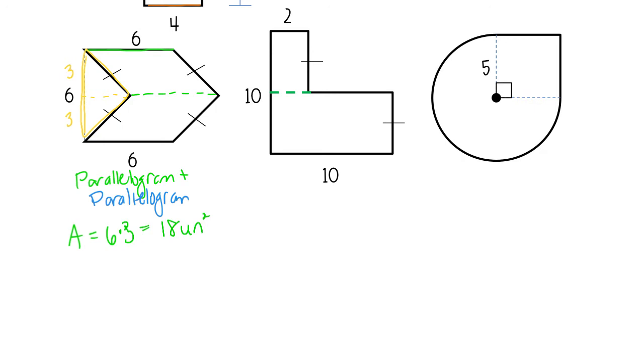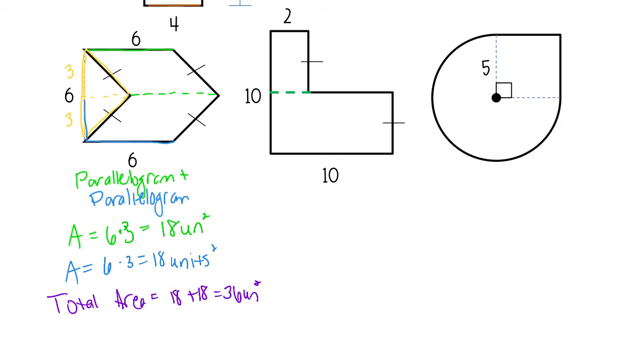Other parallelogram, base is 6, height is 3 again. So we have 18 more units squared. So that means our total area is going to be 18 plus 18. That's 36 units squared.